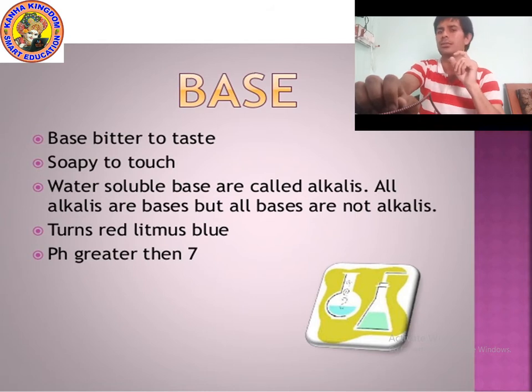And kids, the value on the pH scale for acid is less than 7. But the pH value for base is more than 7.